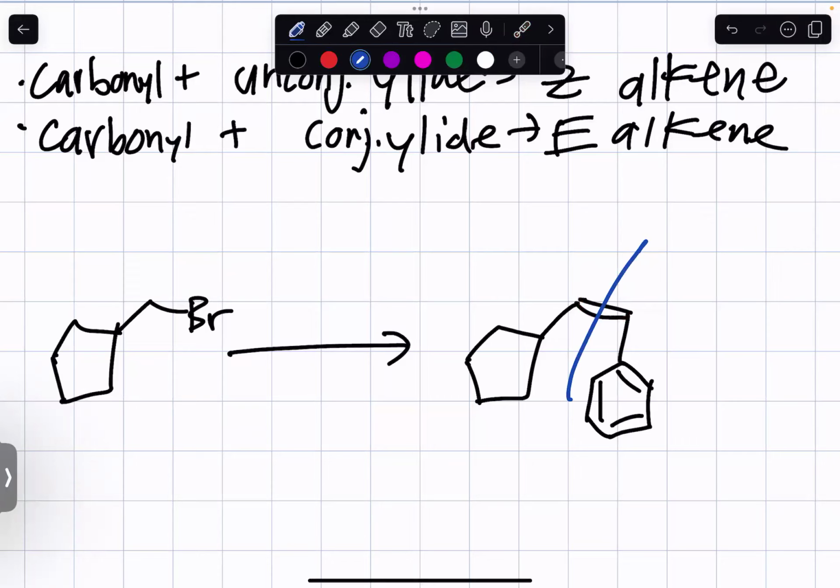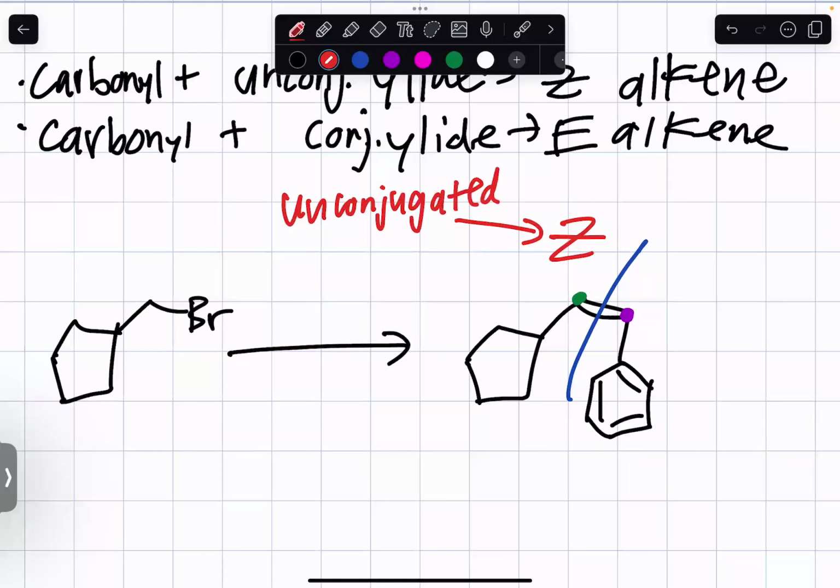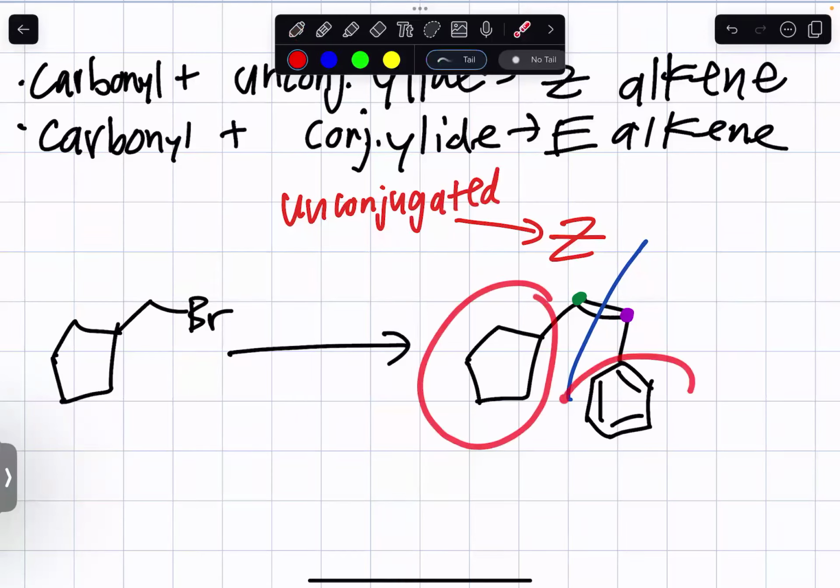And then let's say this is the purple carbon and this is the green carbon. What kind of alkene is this here, E or Z? Z. Yeah, Z. If it's a Z alkene, what kind of ylide do we want, conjugated or unconjugated? Unconjugated. Yep, unconjugated. Now, once we figure that out, we have to figure out which side is the unconjugated region.